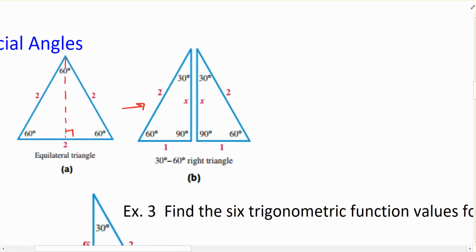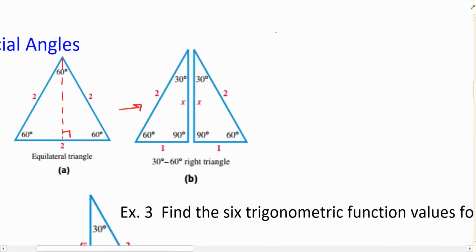We can use the Pythagorean theorem to figure out what that height is, if you don't remember what that height was already. And we can do that by taking 1 squared plus x squared, the leg, must be equal to 2 squared, because the square of one leg plus the square of another leg has to be equal to the square of the hypotenuse. And we can solve for the variable x.